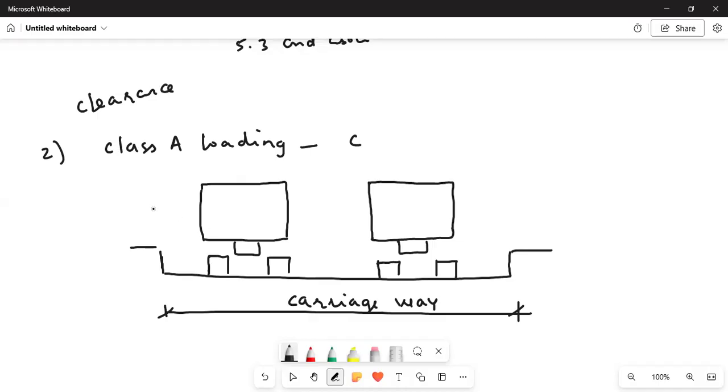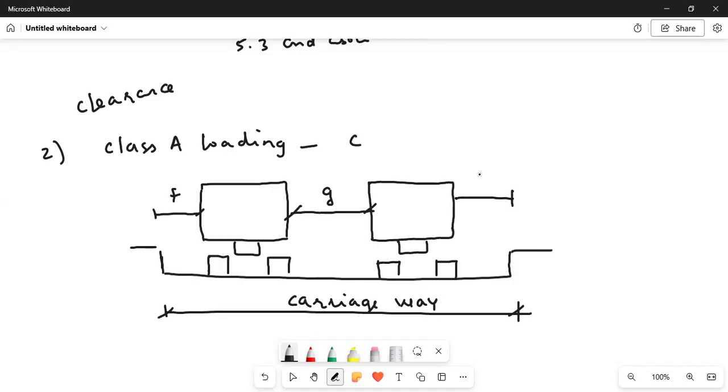This is another vehicle of class A loading. And this distance F is the minimum clearance between outer edge of the wheel and face of the curb. And this distance is G. G is the minimum clearance between the outer edges of the crossing vehicles. So this vehicle is crossing, this vehicle is also crossing.